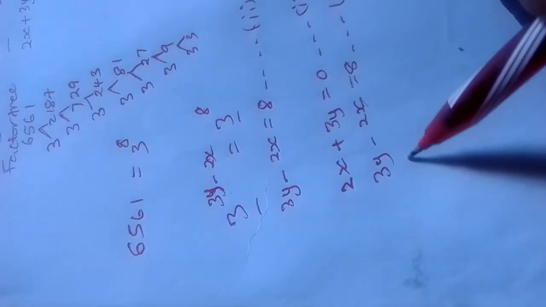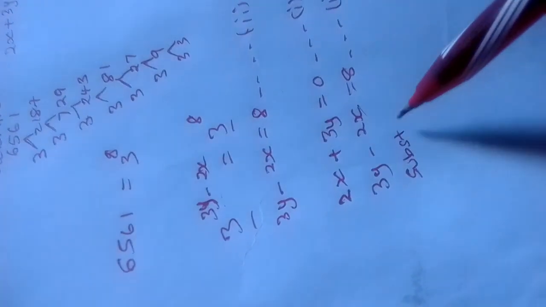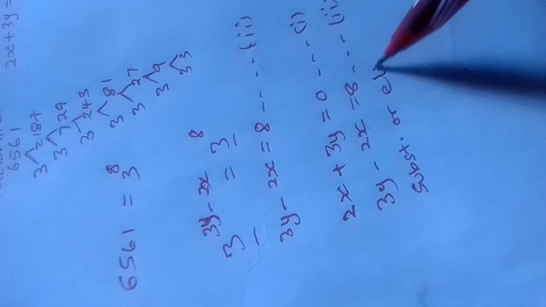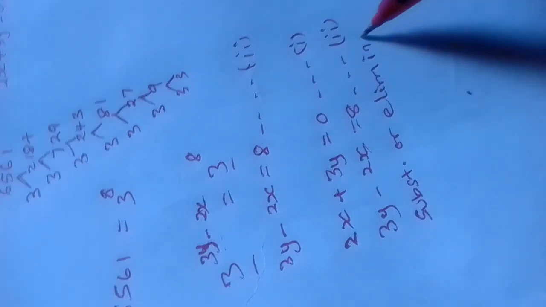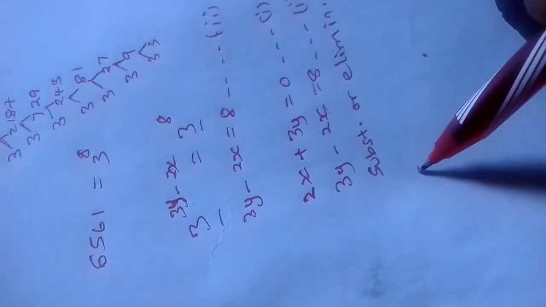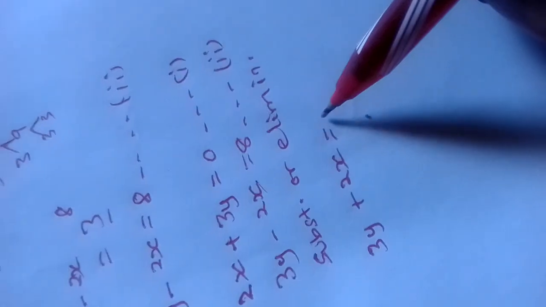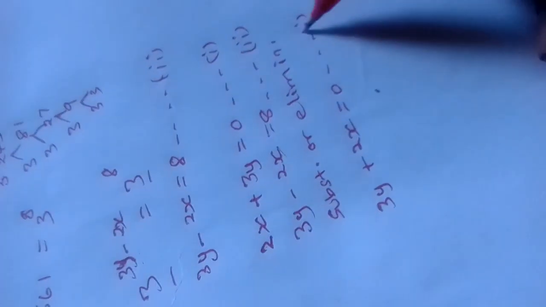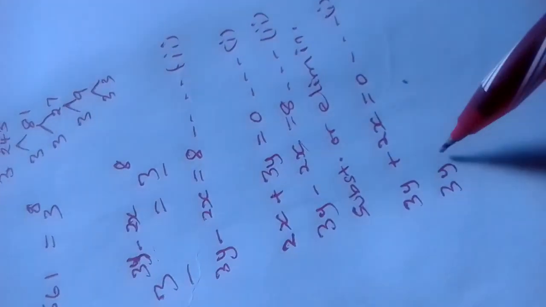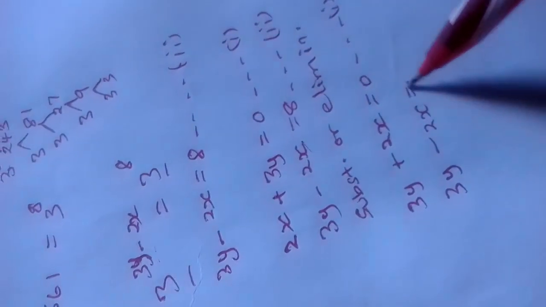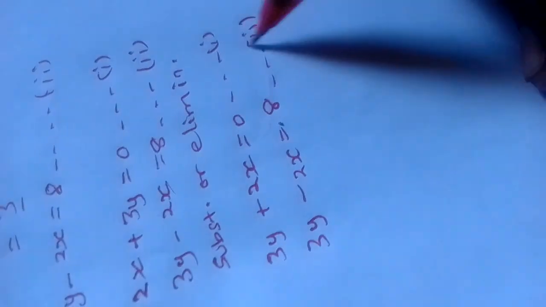You can either use substitution or elimination, but I think elimination will be better in this case. So I can write the first one as 3y plus 2x is equal to 0, equation 1. Then 3y minus 2x is equal to 8 as equation 2.